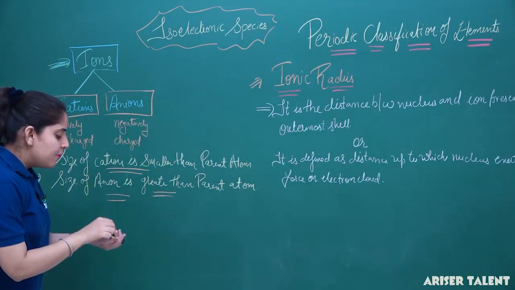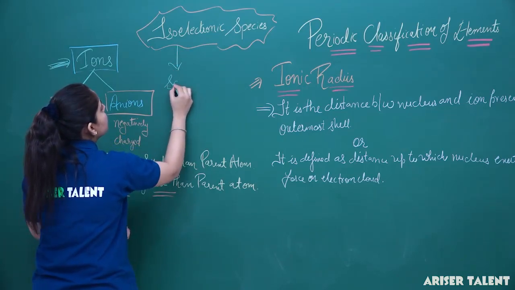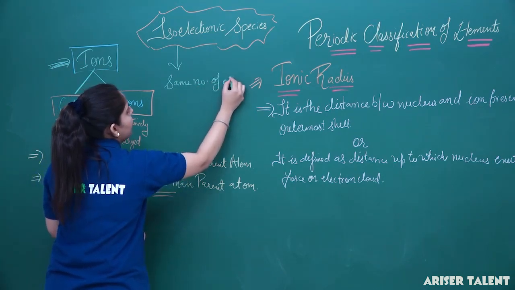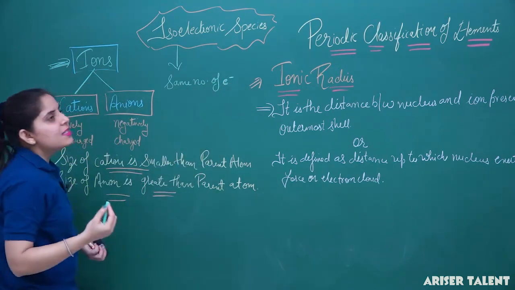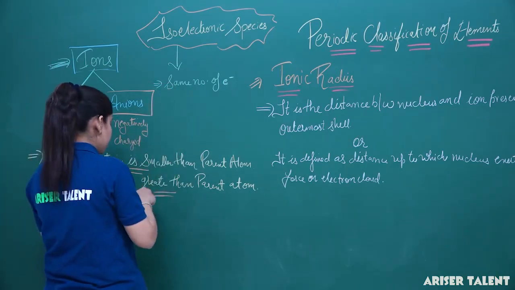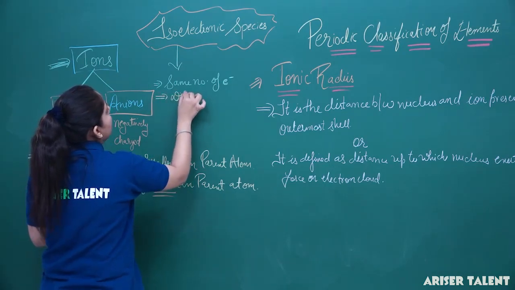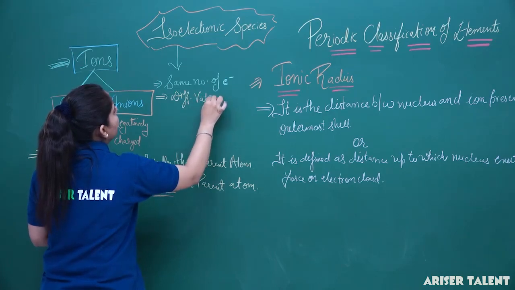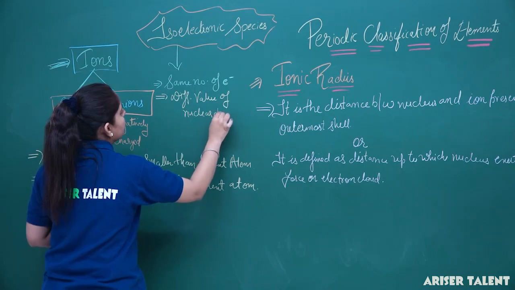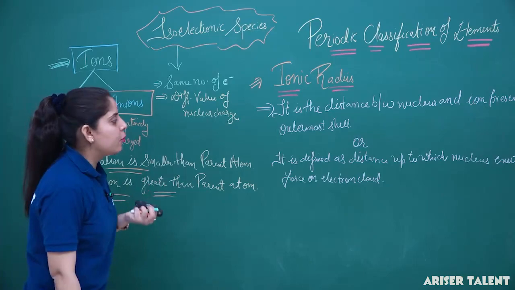Isoelectronic species are defined as the species which have the same number of electrons, but they have different values of nuclear charge. So these are the two things about isoelectronic species.